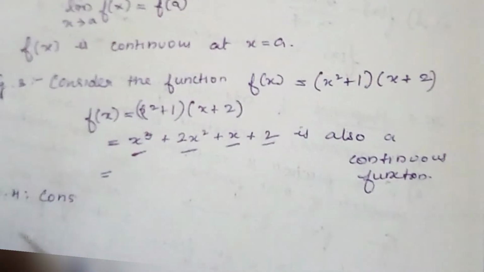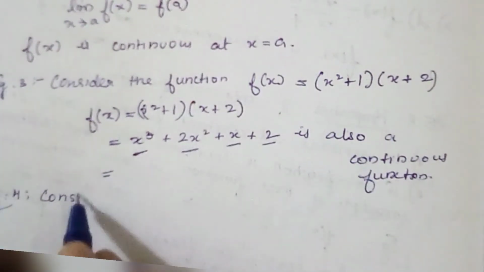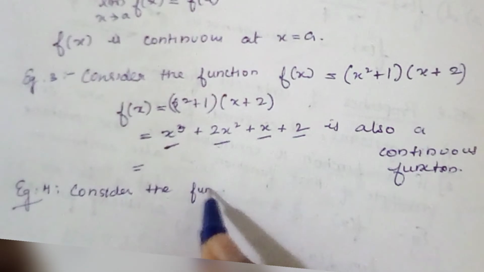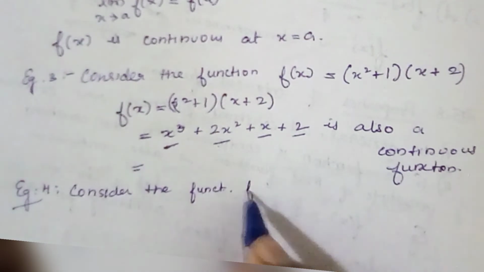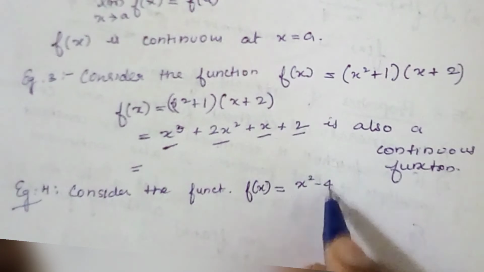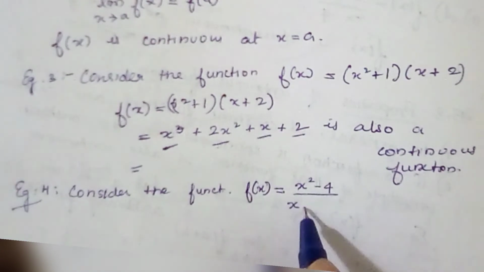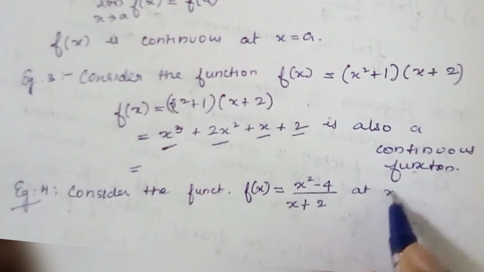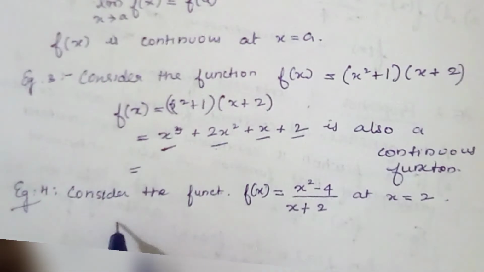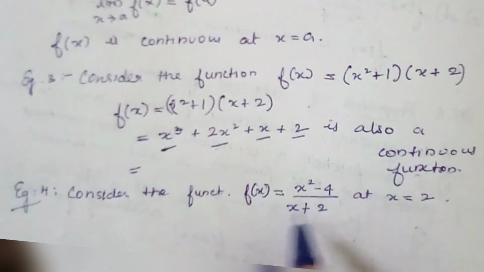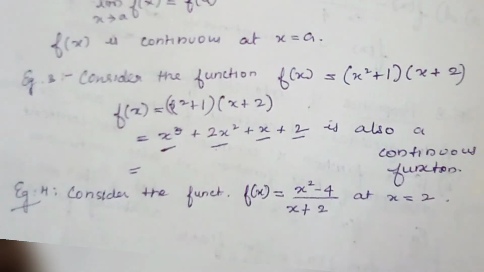Let us move to example number 4. Consider the function f of x is equal to x squared minus 4 by x plus 2 at x equals 2. We know that x squared minus 4 is continuous at x equal to 2 and x plus 2 is also continuous at x equal to 2.